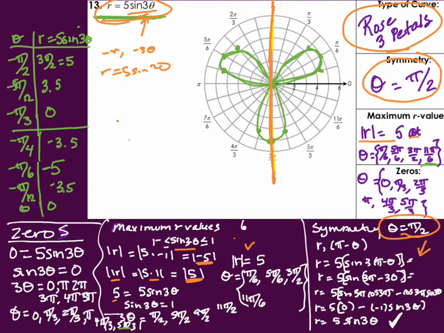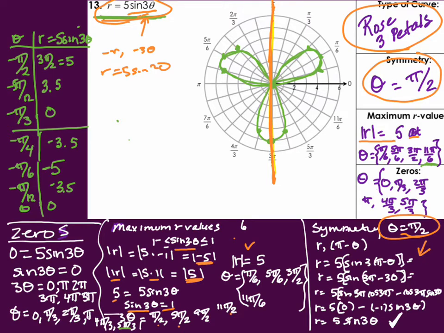Set the equation equal to 5, and you get sine 3 theta equals 1. Now, where does sine equal 1? It equals 1 at pi/2. But it's sine 3 theta, so I have to go all the way up to 6 pi. So I have pi/2, and then adding 2 pi each time, 5 pi/2, 9 pi/2, and 11 pi/2.